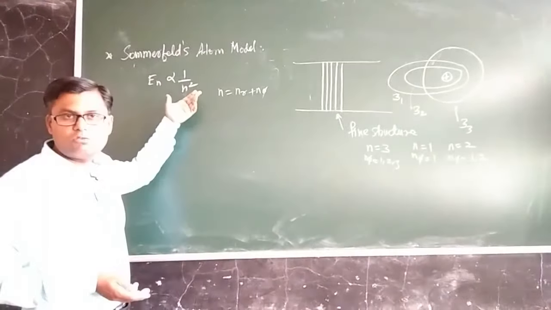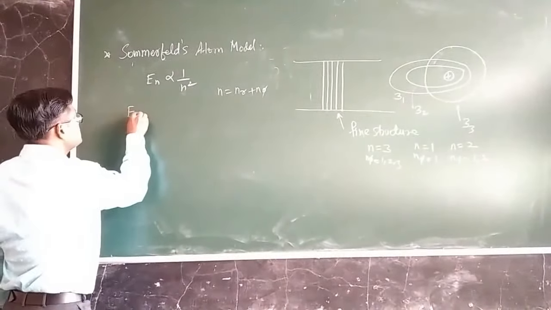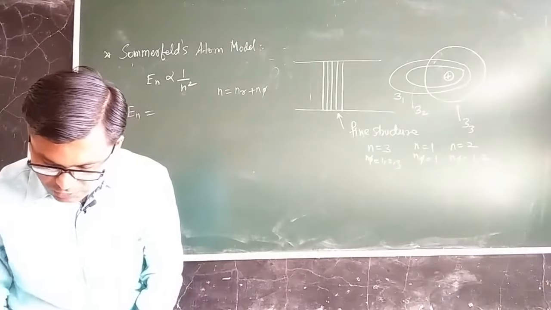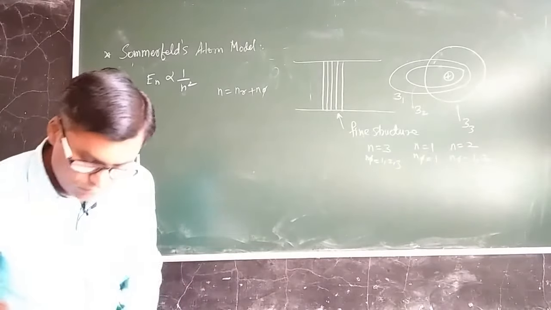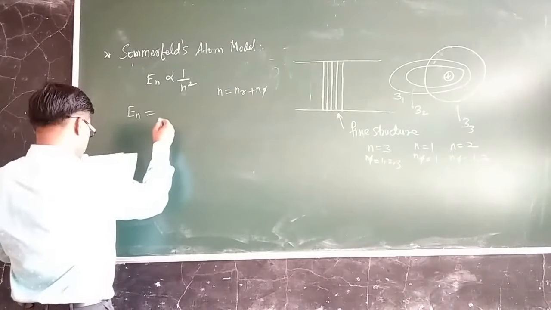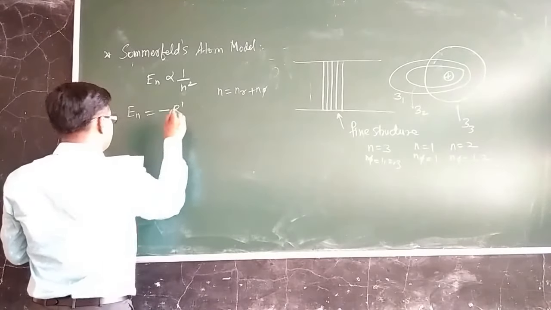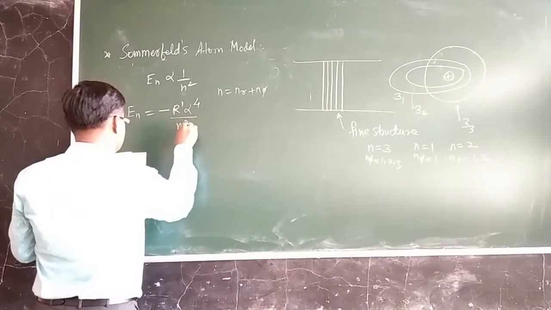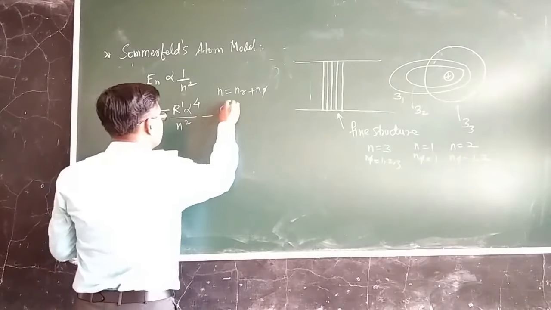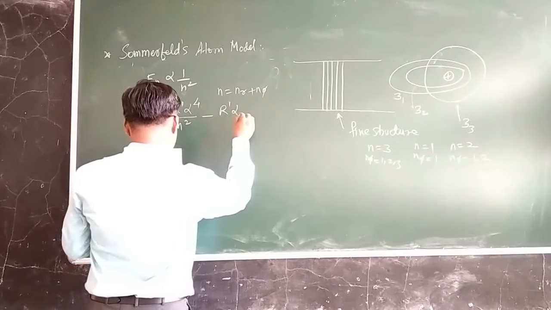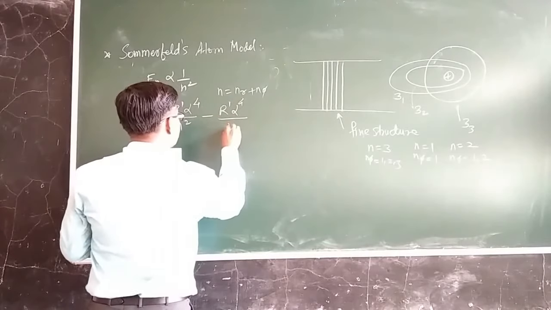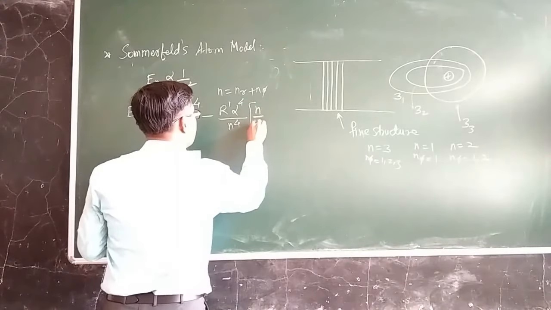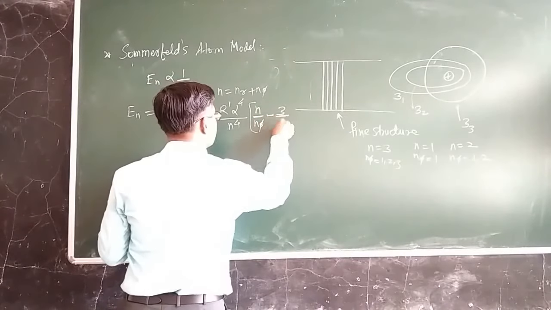So he modified this particular formula, and according to Sommerfeld, the value of energy comes out to be given by a new formula: minus R prime alpha raised to 4 divided by n square, minus R prime alpha raised to 4 divided by n to the power 4, into bracket, n divided by n phi minus 3 divided by 4.